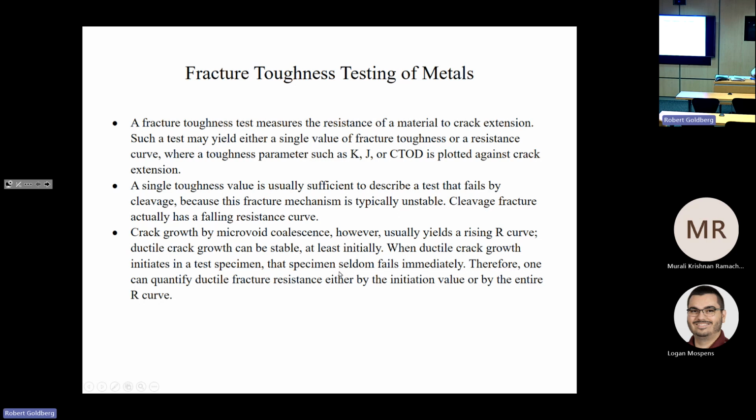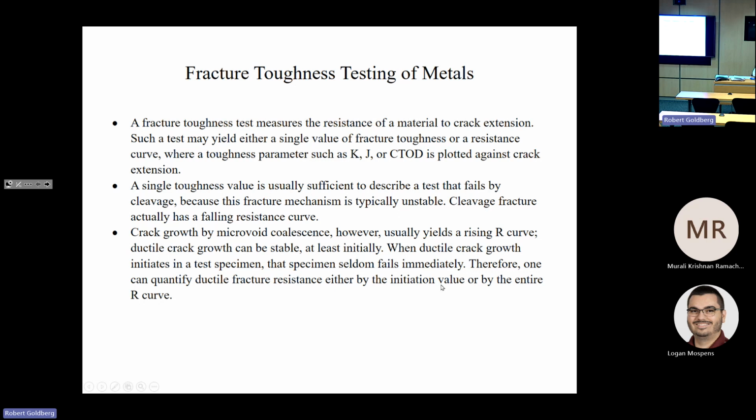So it's the same idea in fracture mechanics. You can quantify the resistance either by the point when you start to grow cracks at all, or if your situation is such that you have to or are able to have a more, for lack of a better word, forgiving design criterion.